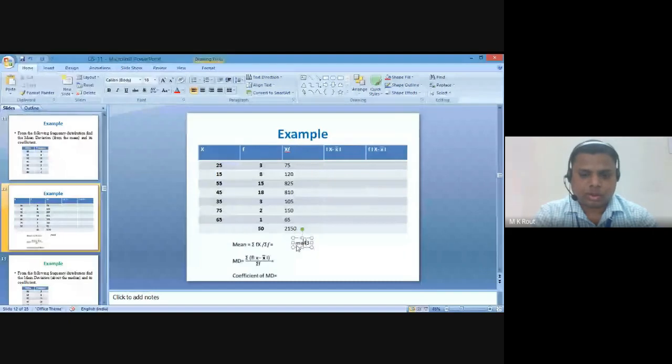Mean equals 2150 divided by 50, that equals 43. You got the value of x bar.